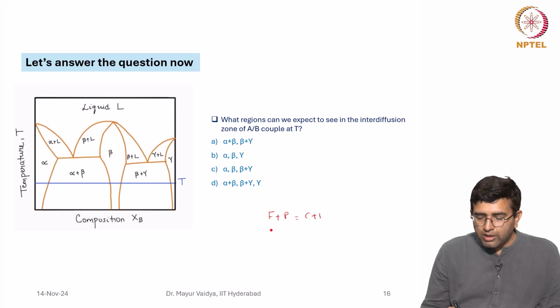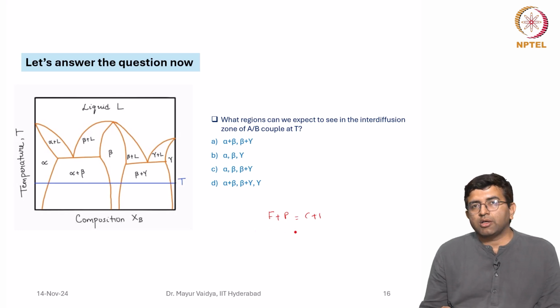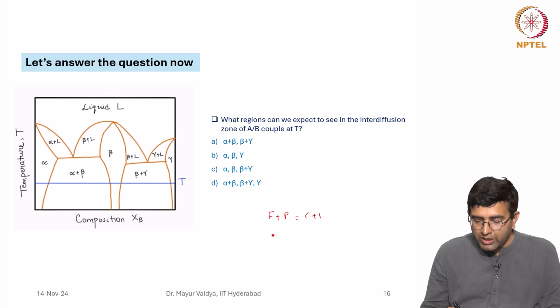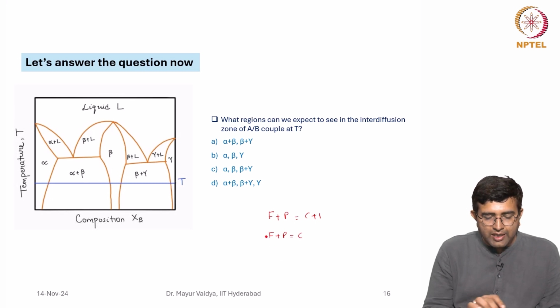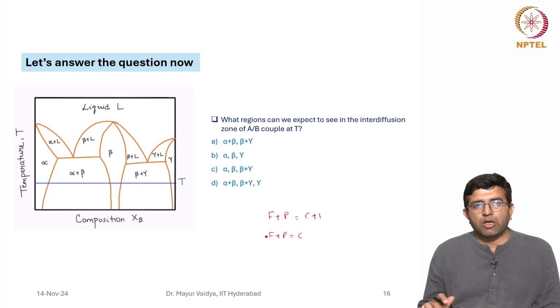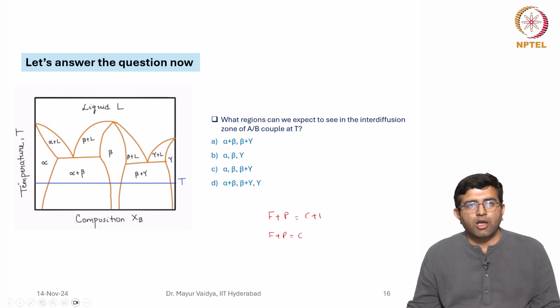Now here, since we are doing the diffusion annealing at constant temperature also, it becomes F plus P equals C, and at least 1 degree of freedom is utilized, because the composition is varying in a diffusion couple.